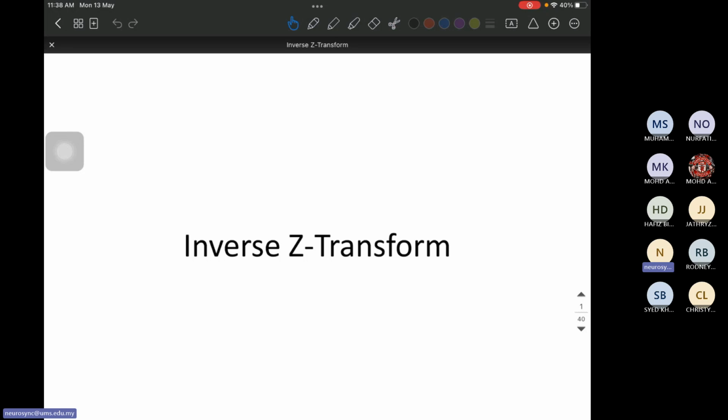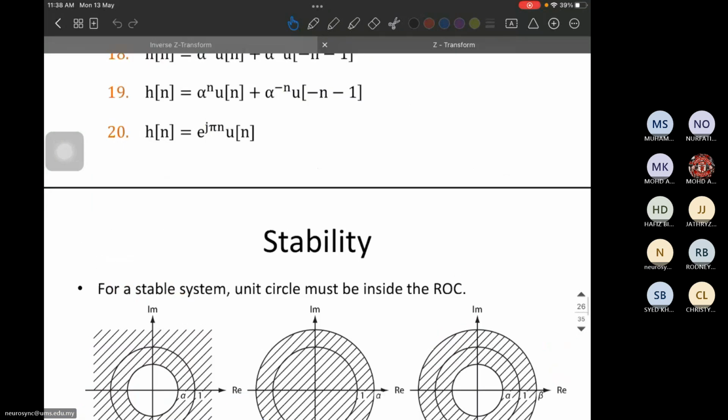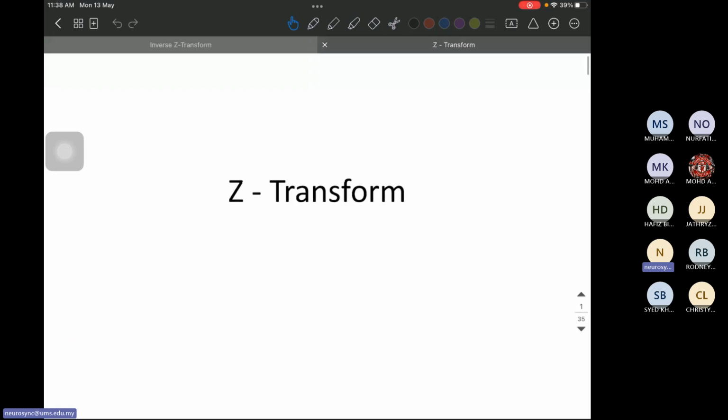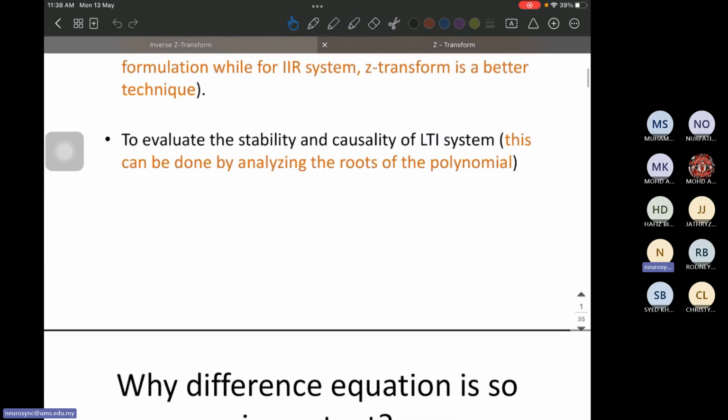Okay, so in the last lecture, we have seen the Z transform. Today we will do the inverse Z transform: how to calculate the inverse Z transform if H of z is given.